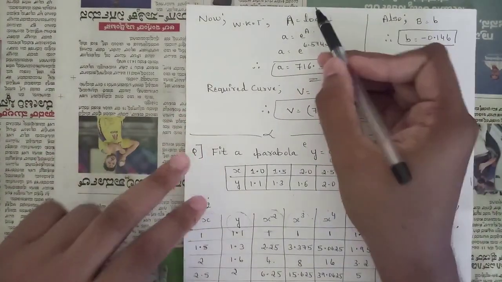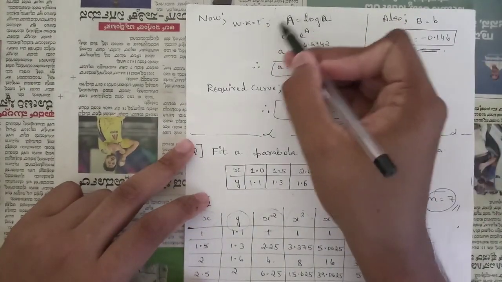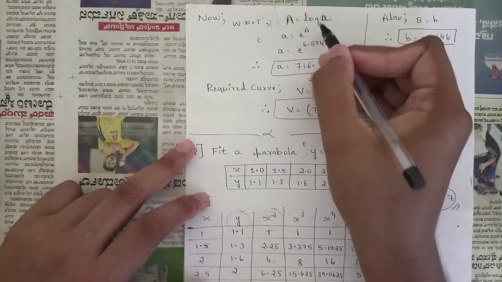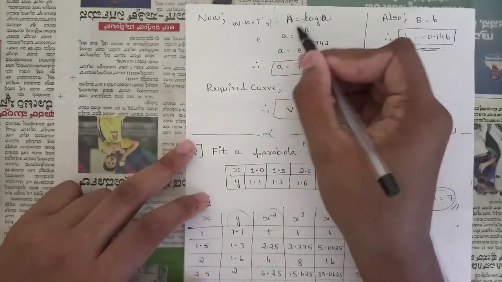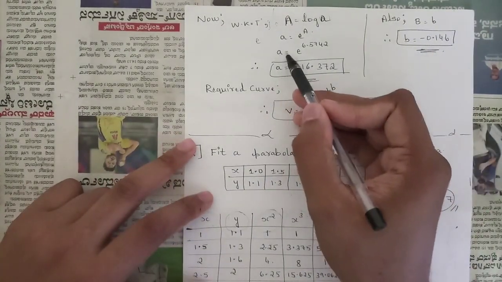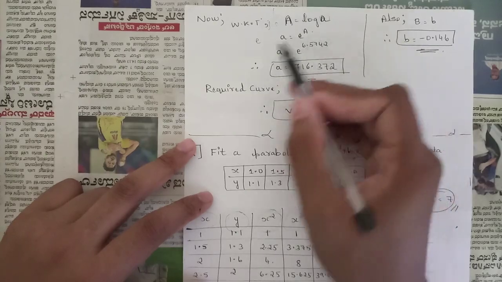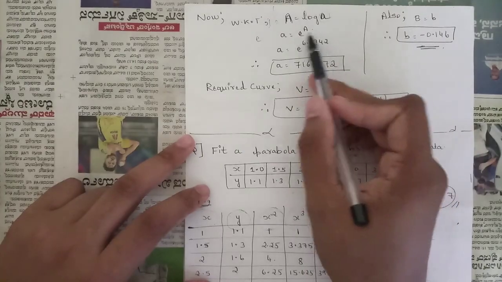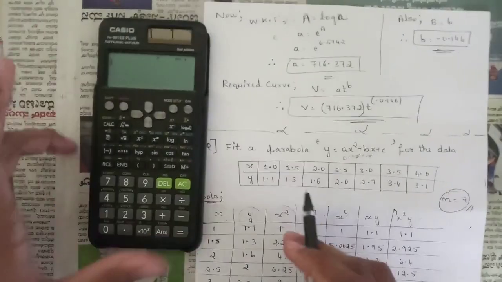If you bring this log to the other side, it should be e power capital A. So put small letter a is equal to e power capital A. We have already got capital A as 6.5742, right? Substitute that, e power 6.5742, in the calculator.